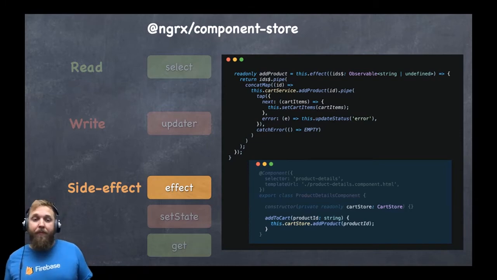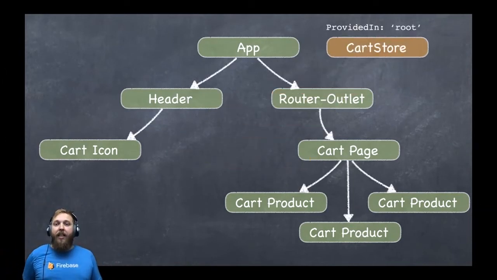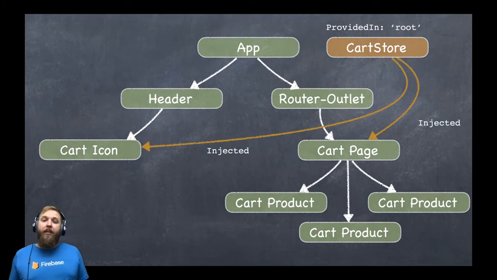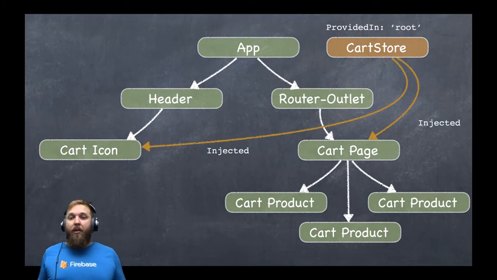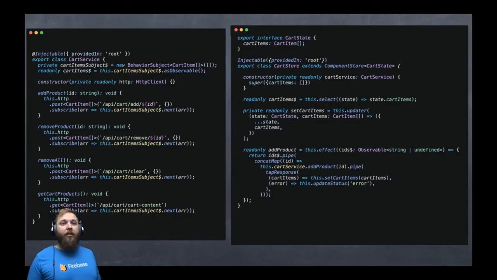All right, so this is what we had. We had a cart service with cart items being pushed through it. What we have instead now is a cart store that is provided in root for this case. It's injected into places, and each one is reading the data or pushing the data that it needs to. So this is the service with the behavior subject on the left that we had before.